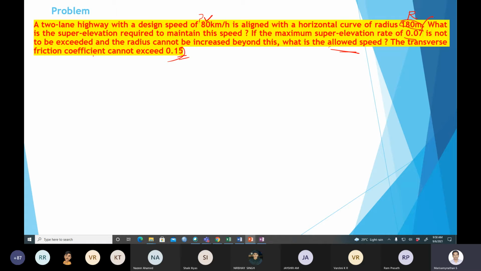First, we estimate. They are asking what is the super elevation required to maintain the speed. So in step 1, we are estimating E is equal to V square divided by 225 into R. In the problem, V is 80, R is 180. So V square, 80 square divided by 225 into 180.